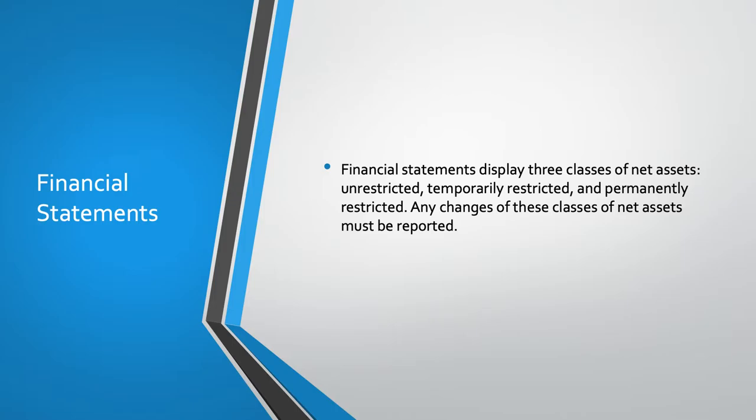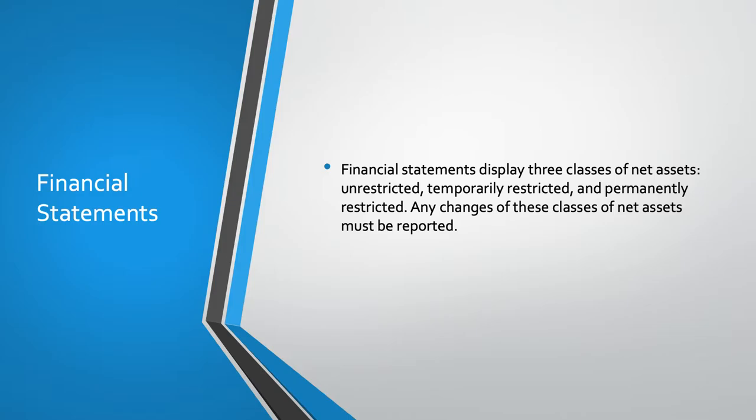In the net assets portion, it should be identified what is unrestricted, what is temporarily restricted, and what is permanently restricted. When you say unrestricted, that means that the organization can spend it for operations or for any other purpose because it is not restricted.